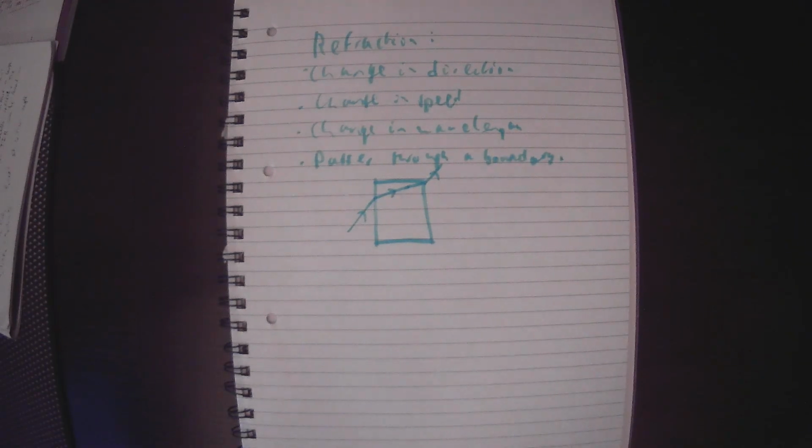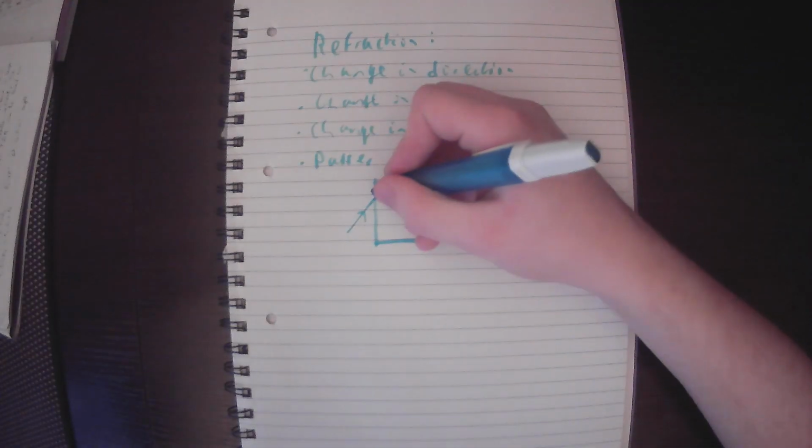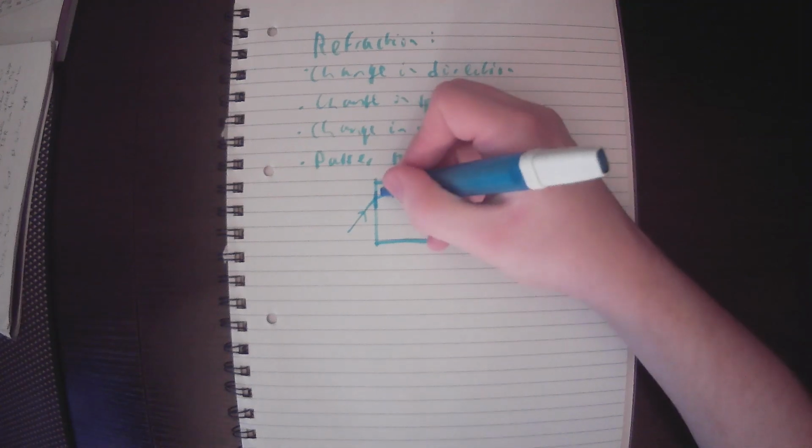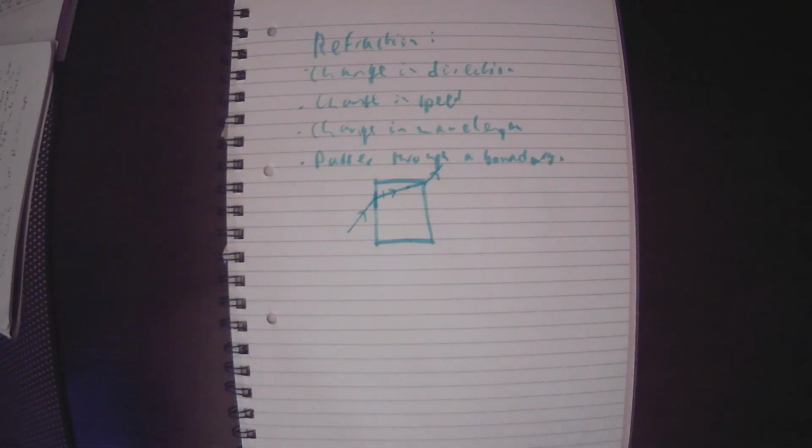The frequency notably doesn't change in the light, because the frequency at the boundary is going to be the same as the frequency inside the boundary, because the number of wave cycles entering and exiting and inside cannot change.